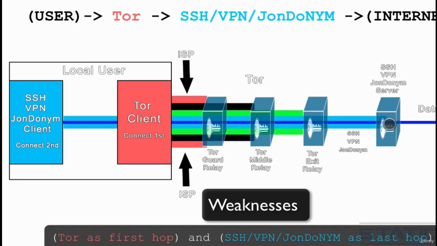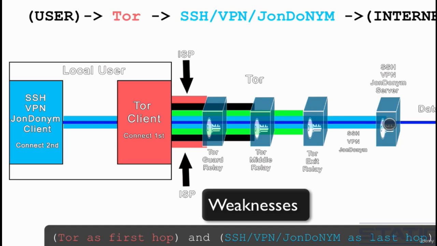Here is a risk with the Jondonym server, and here the IP address is visible or stored in Tor. The SSH, VPN, Jondonym server is the last server.